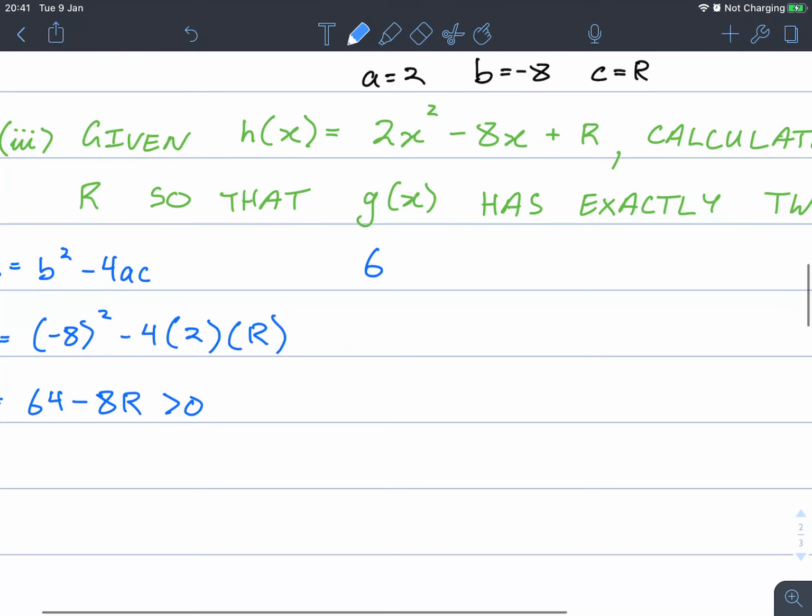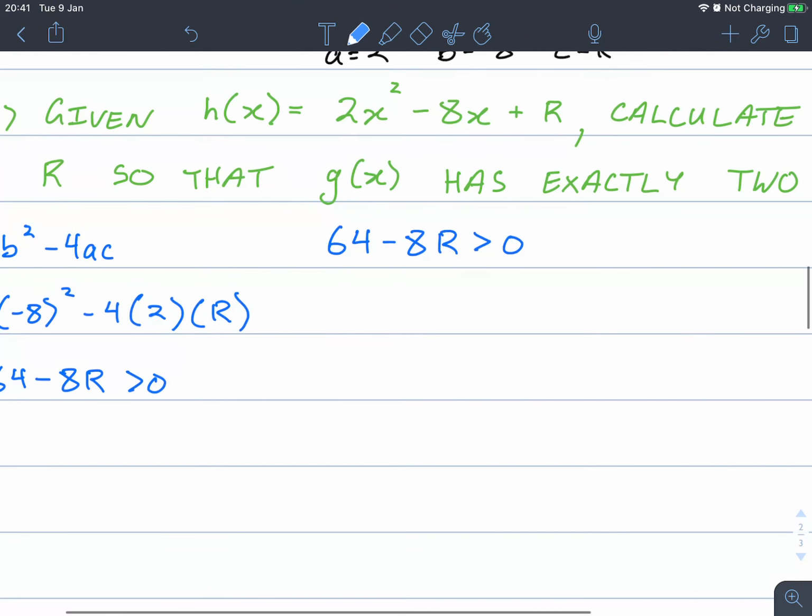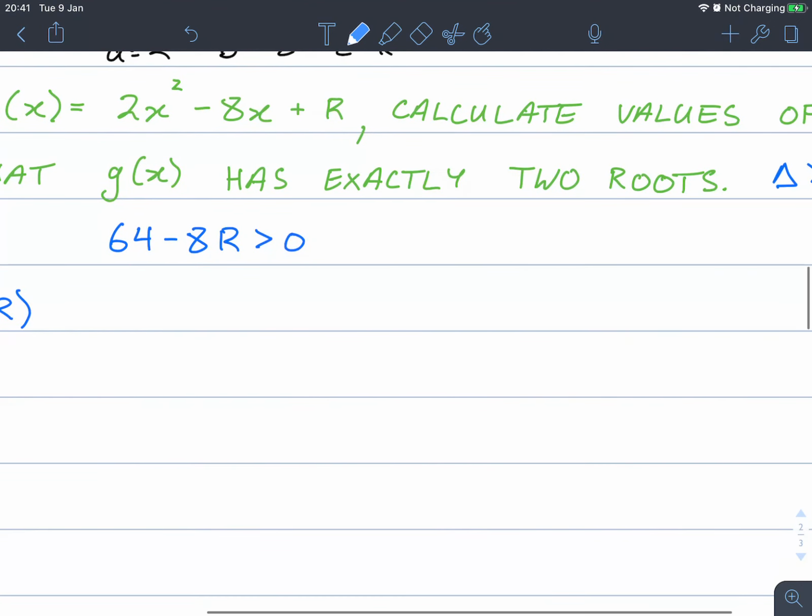So the new question we need to solve is 64 minus 8r greater than 0. Subtracting 64 on both sides, this will give us negative 8r is greater than negative 64. Dividing both sides by negative 8, we get r is less than positive 8.